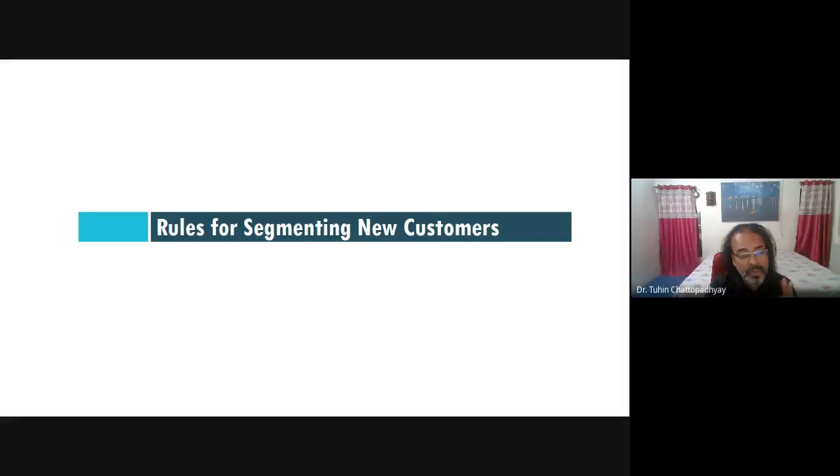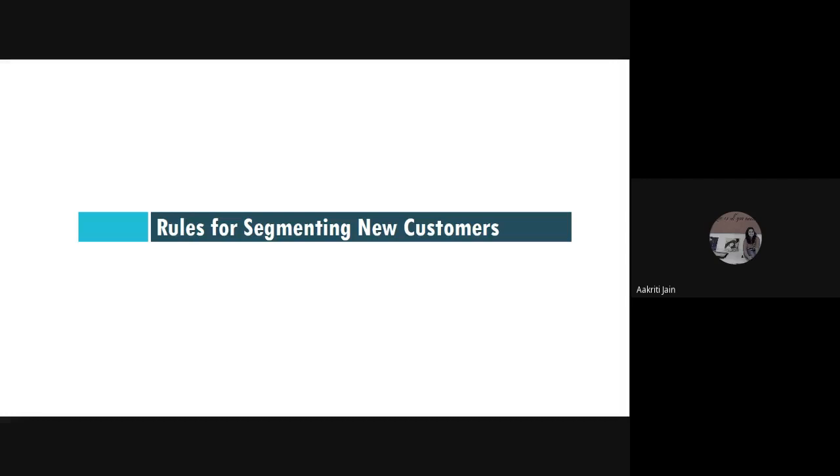Sir, Akriti. So maybe we have a very broad pool of customers and we already have our existing customers, so we need to look out for customers that are different from the category we already have, and then segment them.